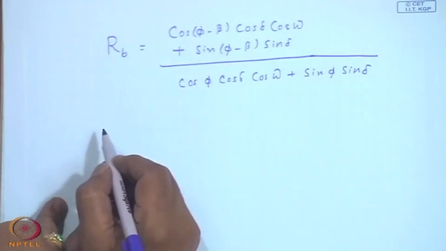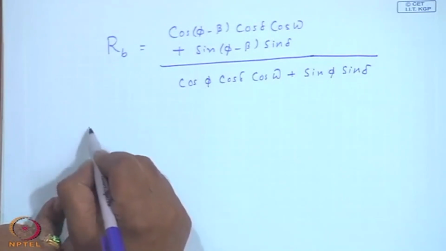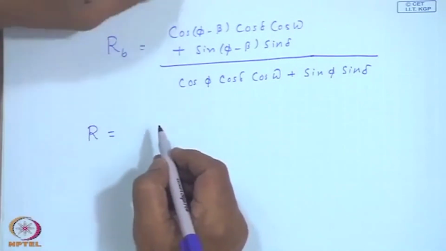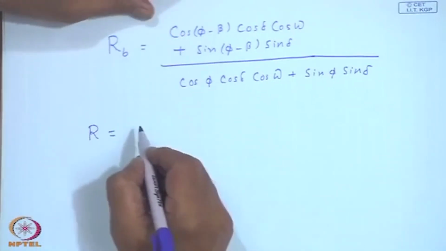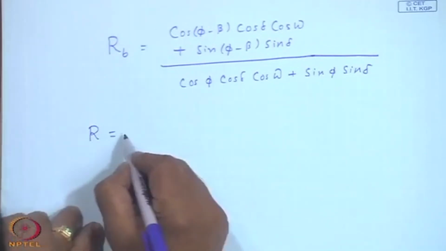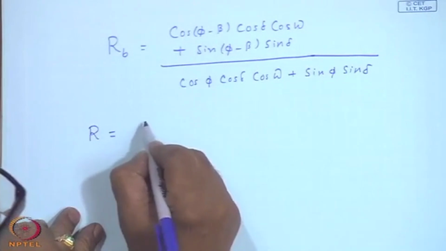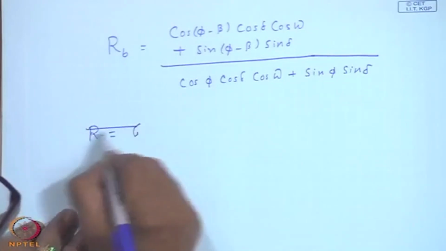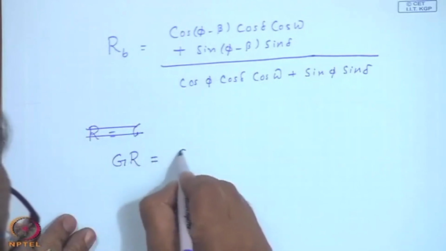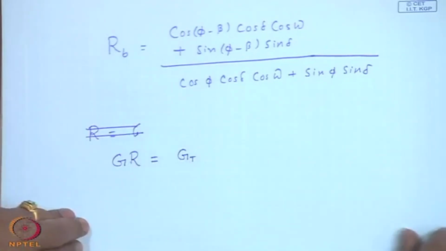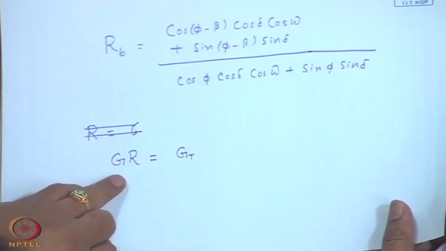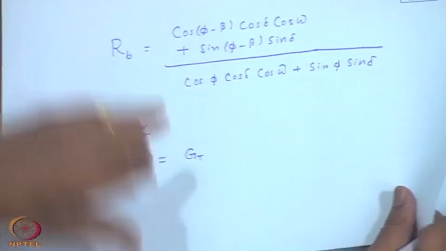Now, what I shall do is, if I define a overall R factor which is GBT, let me put it this way. GT, total tilted radiation will be your G into R, then that will be equal to GT.